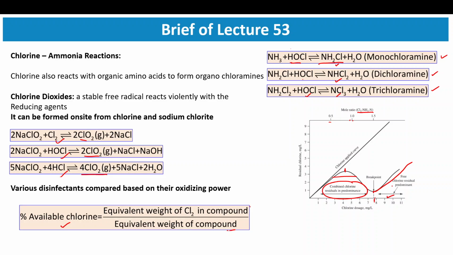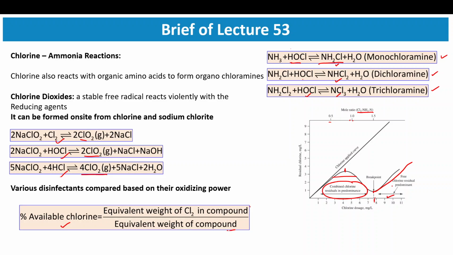Now again, if you look into water, there are nitrogen containing compounds. If you specifically talk about wastewater, it will have ammonia, nitrates, nitrite, and some organic amino acids and so on.